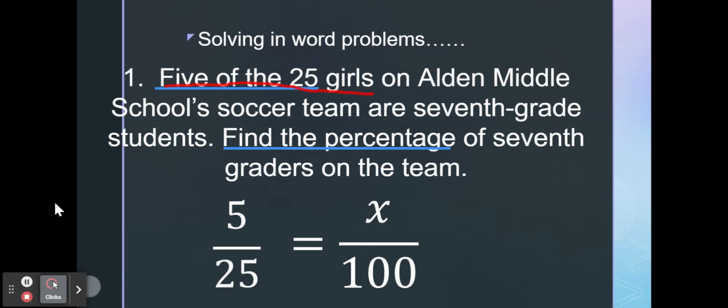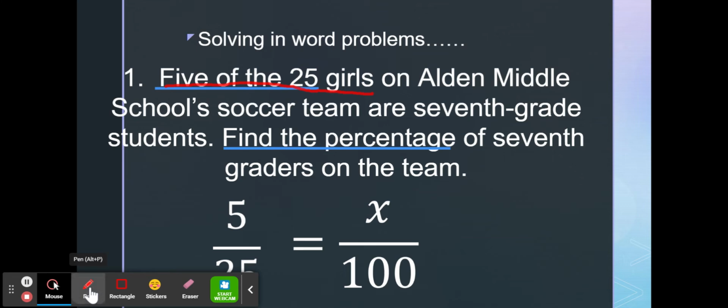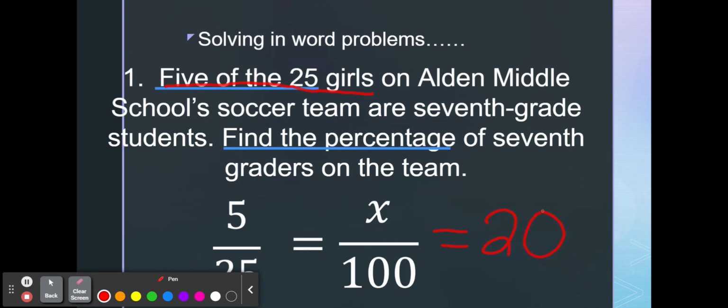So since I know that 25 times 4 is 100, I now need to multiply 5 times 4, which gets me 20. So I can say that 20% of the students on the soccer team are 7th graders.